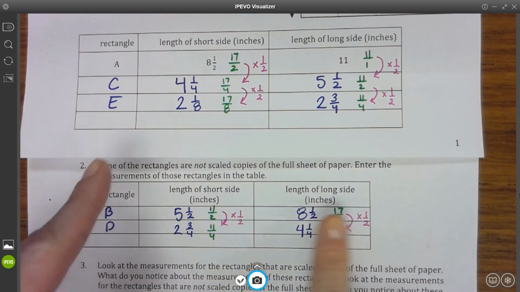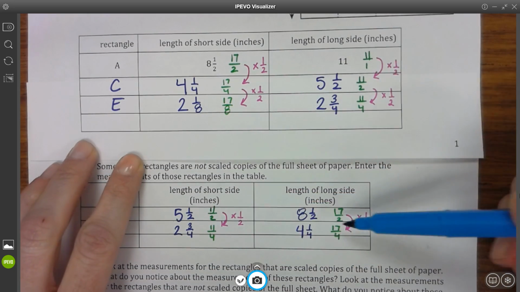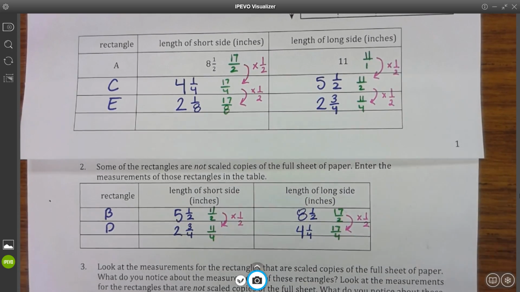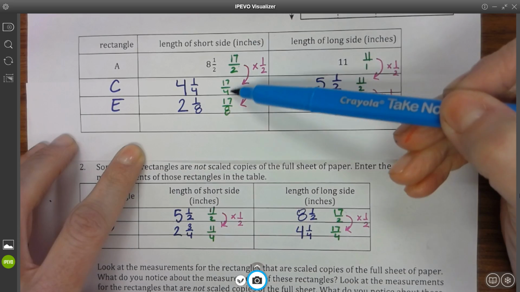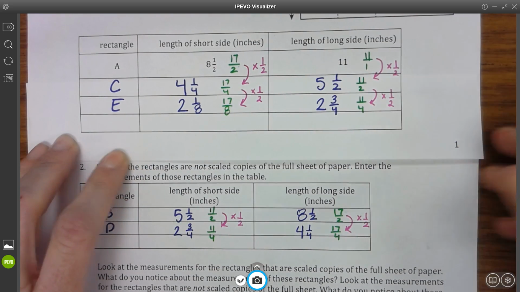So because they switched positions, that's why we didn't end up having everything be scaled factors of each other or scaled copies. So even though the patterns are all the same, they still wouldn't match up because if we look here, these measurements match up with our long side.